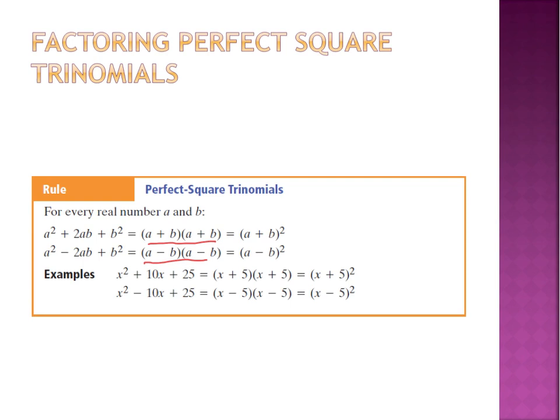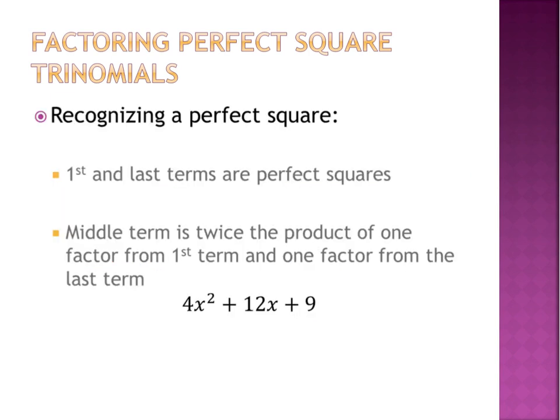Okay, and that produced a squared plus 2ab plus b squared, or a squared minus 2ab plus b squared. So what we want to do now is look at the trinomial, like this part here or here, and be able to come up with these individual factors on our own. To do this, we're going to first look at the perfect square trinomials.